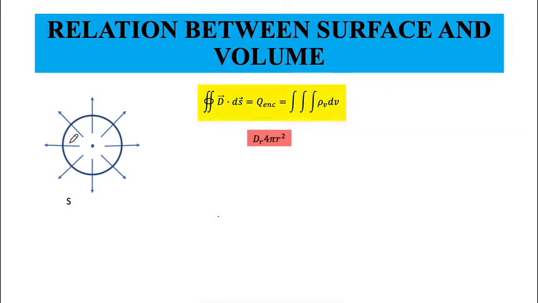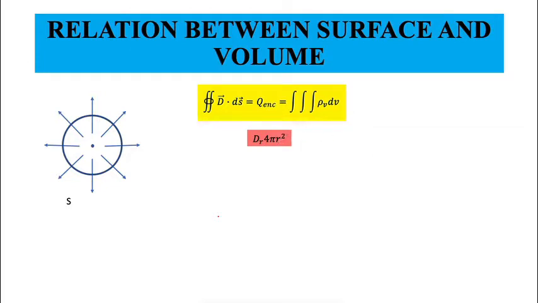So you can assume a Gauss surface of a certain radius, as measured from the origin, and then you are applying Gauss's law over here. Now what will be the left hand side? You can assume a Gauss surface which is spherical, because this is a nice spherical symmetry you can apply, and then the left hand side would essentially be D r times 4 pi r square.